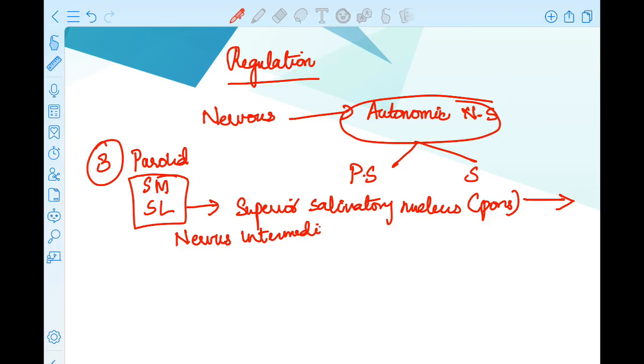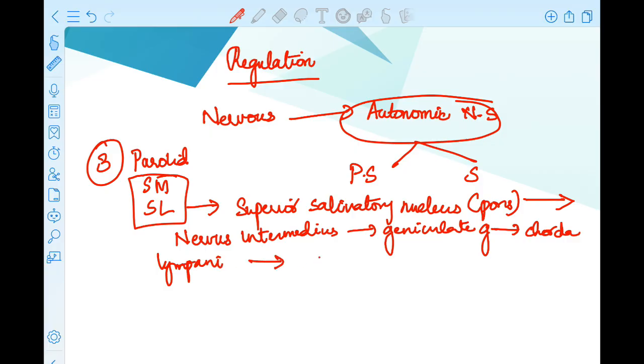nervus intermedius, the geniculate ganglion, then the chorda tympani, which is a branch of the facial nerve, the lingual branch of the trigeminal nerve, and then it goes to the submandibular ganglion.